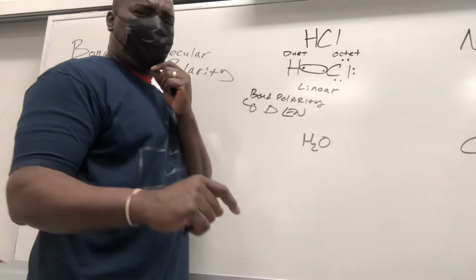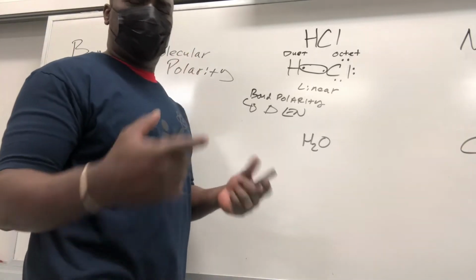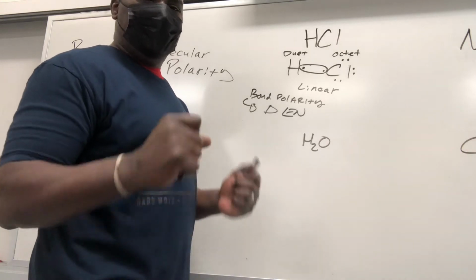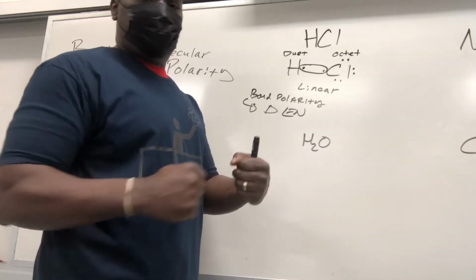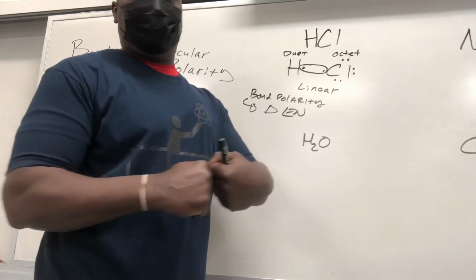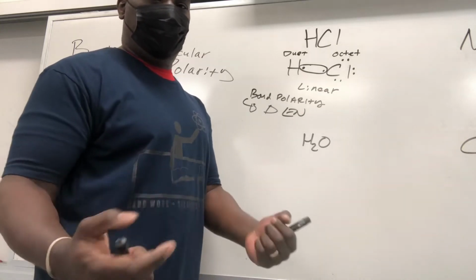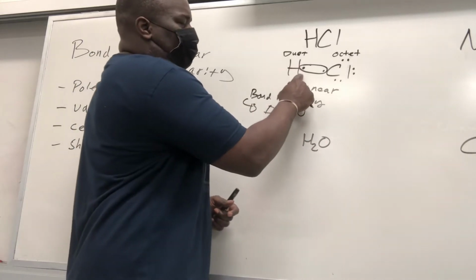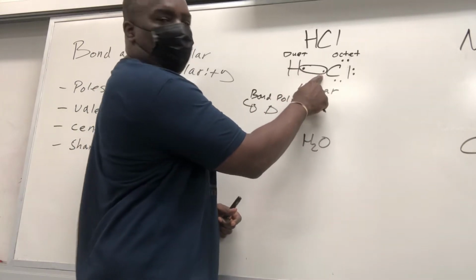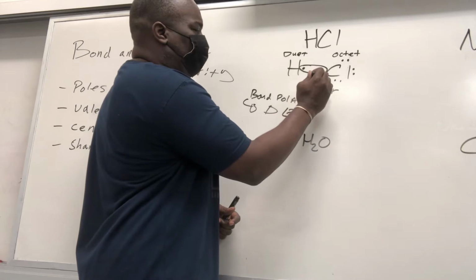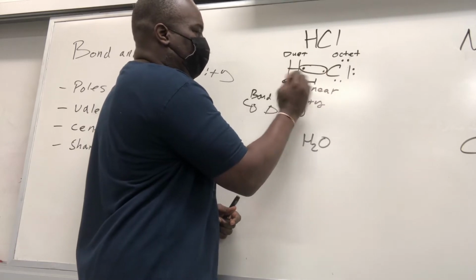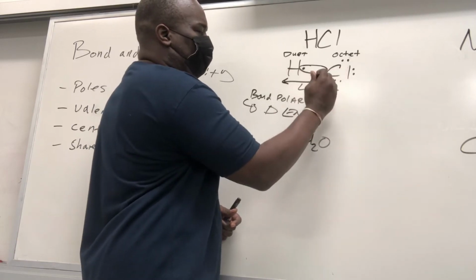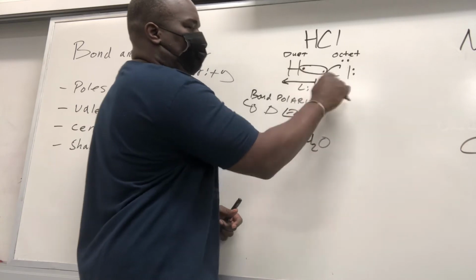And as I said before, we agreed that our definition of electronegativity is the attraction that an atom has for electrons in a chemical bond. So here, in HCl, hydrogen is trying to attract chlorine's valence electron towards himself. He's pulling this way. And chlorine is pulling this way, attracting hydrogen's electron towards himself.